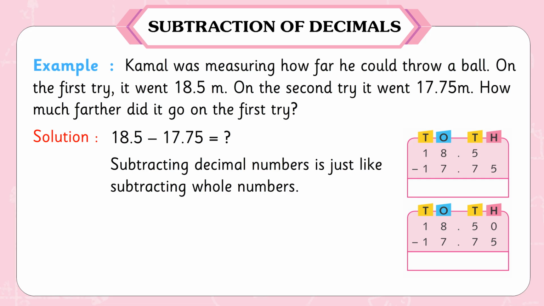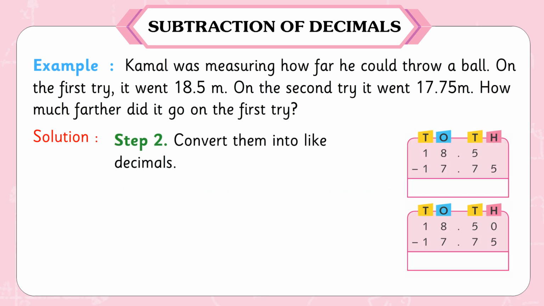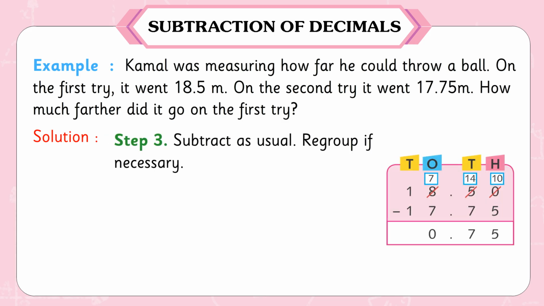Subtracting decimal numbers is just like subtracting whole numbers. Step 1. Put the greater number on top and the lesser one below, taking care to match the place value and keeping the decimals one below the other. Step 2. Convert them into like decimals. Step 3.